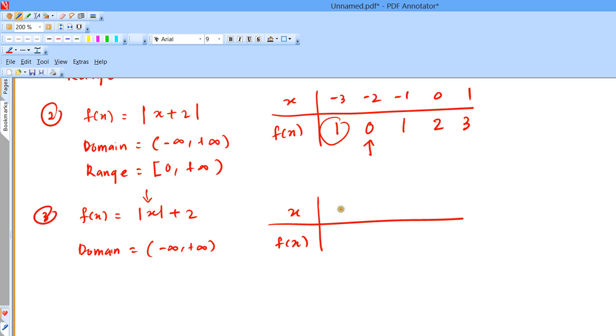Okay, if we put negative 2, negative 1, 0, 1, 2. If we put negative 2, we get 2 plus 2, 4. Here 3, 2, 3, 4. So we get the range: the minimum here is 2. Start from positive 2 to positive infinity.